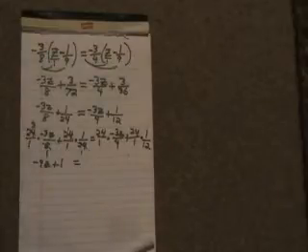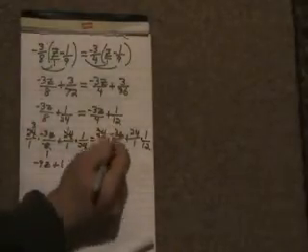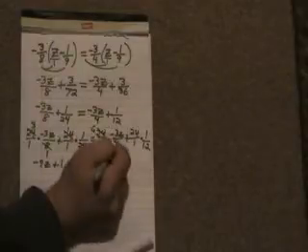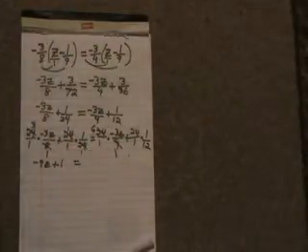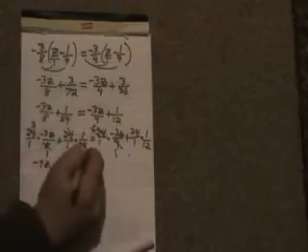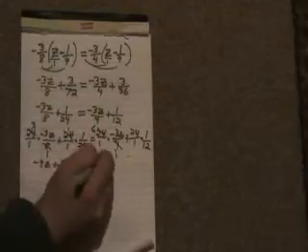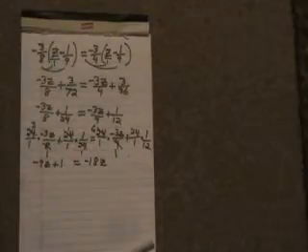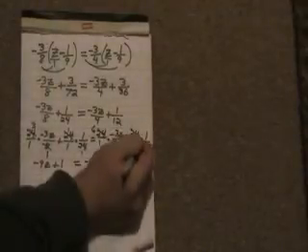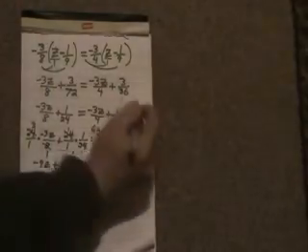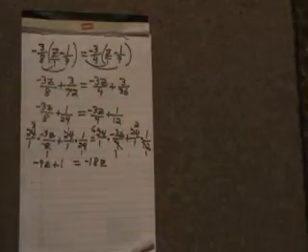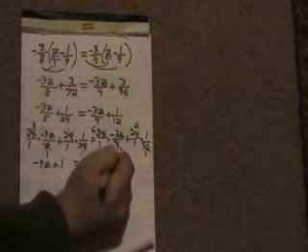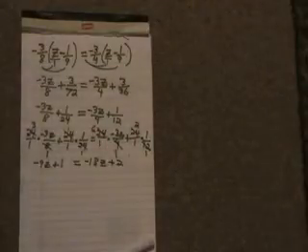On the right hand side, 24 and 4 reduce and become 6 and 1. 6 times negative 3z is negative 18z, and 24 and 12 reduce and become 2 and 1. 2 times 1 on the top is a plus 2, and that's it.